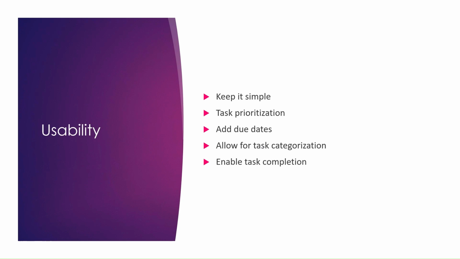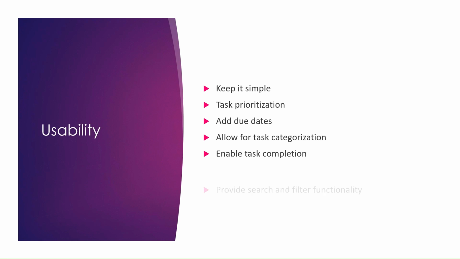Then, allow users to mark tasks as completed once they are finished, to give them a sense of progress and accomplishment. Another important feature is to allow users to search and filter tasks based on keywords, due dates, and other criteria to help them quickly find the task they need to work on.